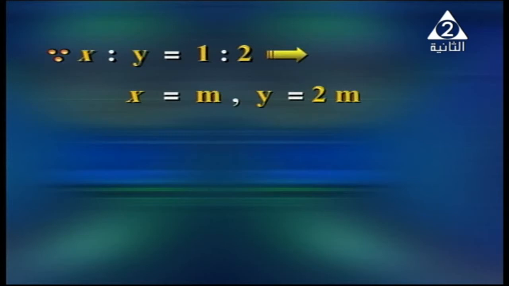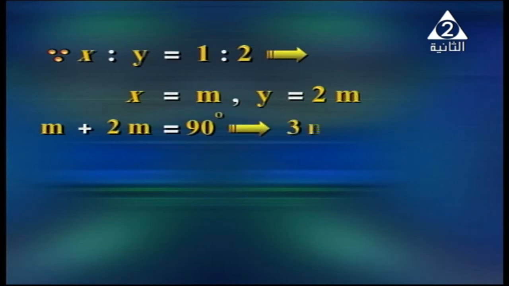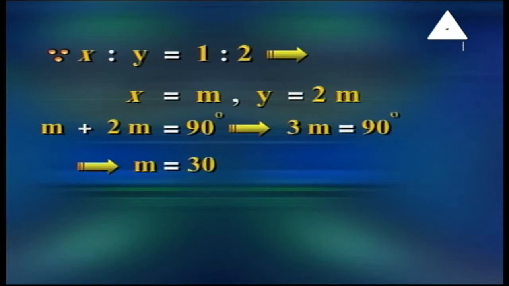And as the two angles are complementary, their sum will be 90. Then m plus 2m equals 90. So 3m equals 90, then m will be 30 degrees.